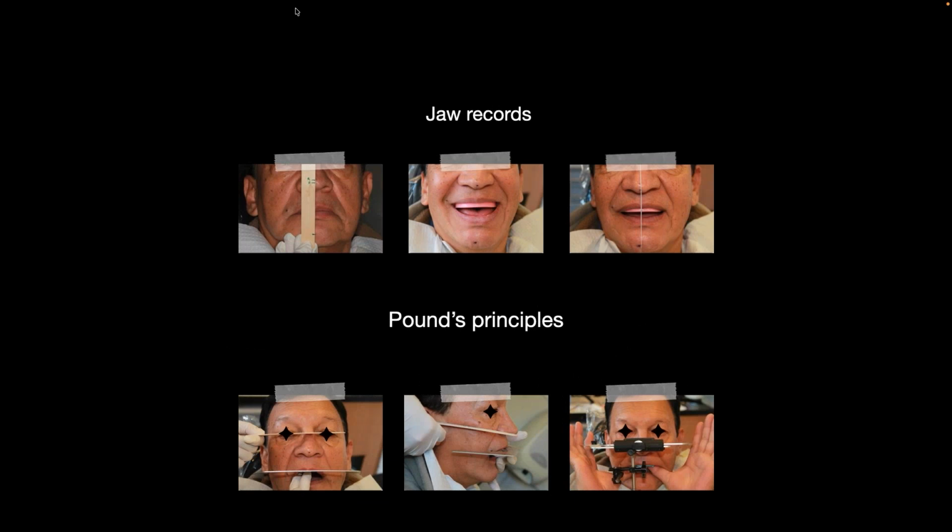And that brings us to jaw records based on Pound's principles. Remember the beautiful wax rims? Remember the vertical analyses, the interpupillary line, the midline analyses, the incisal inclination, the ala tragus line, all of that.